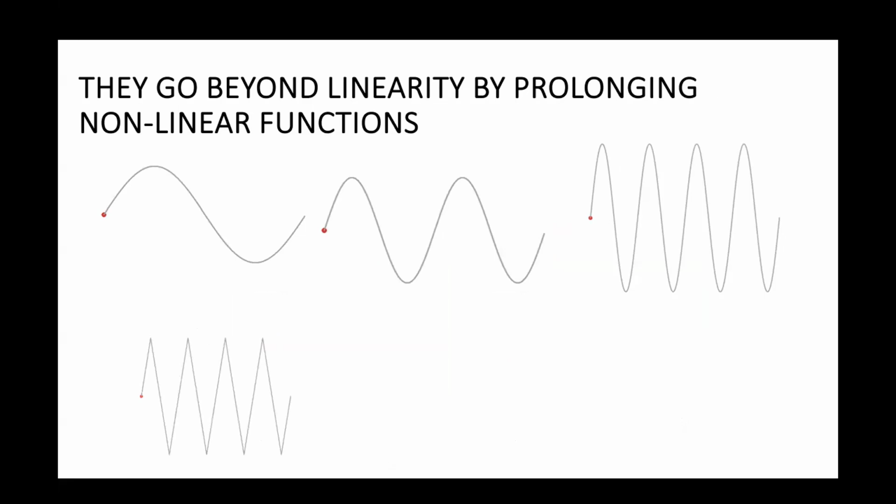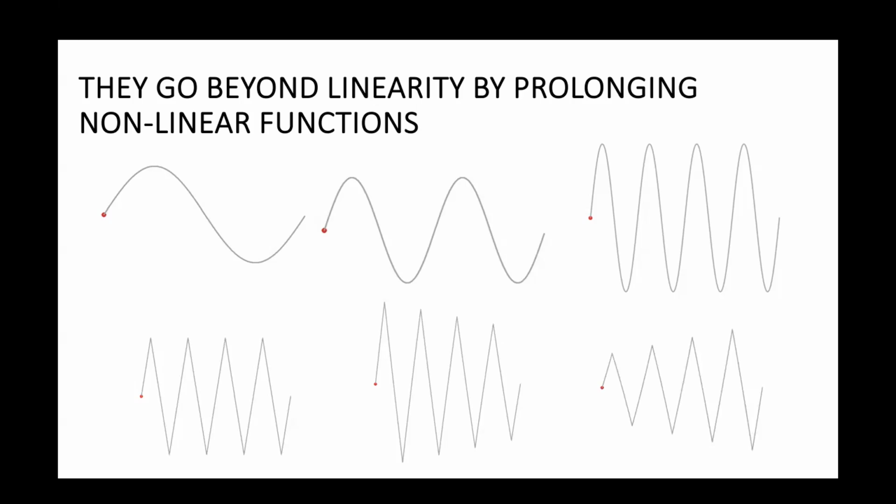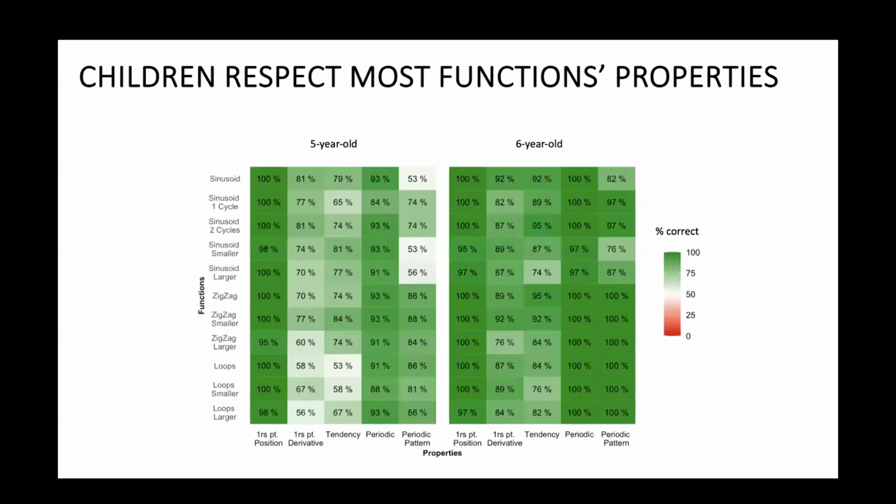What about zigzags, for example, whose amplitude is held constant, or zigzags that have a decrease in amplitude, or zigzags that have an increase in amplitude? Are they able to extrapolate from these sorts of functions?